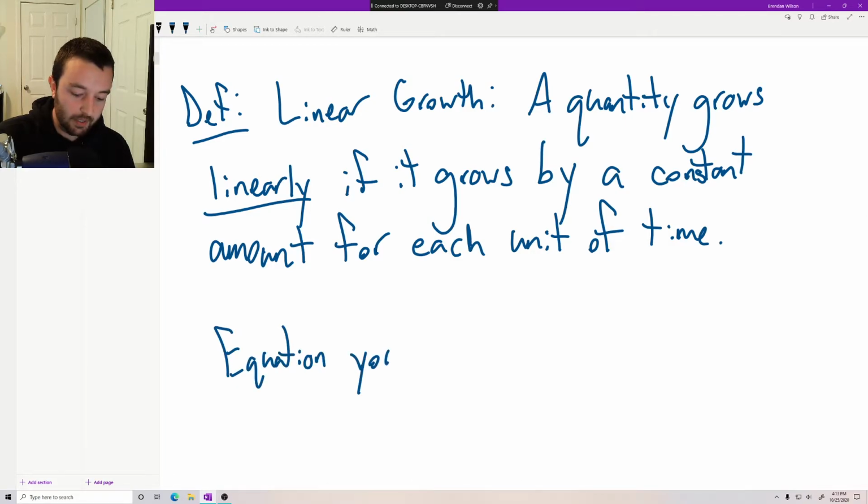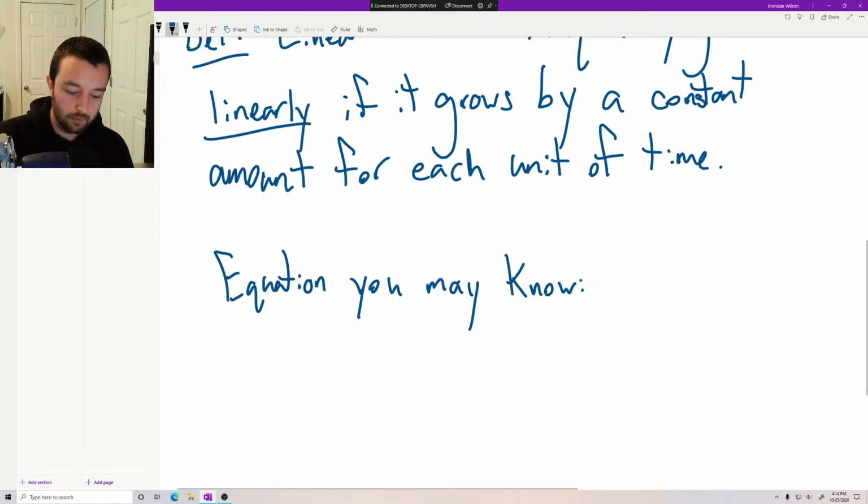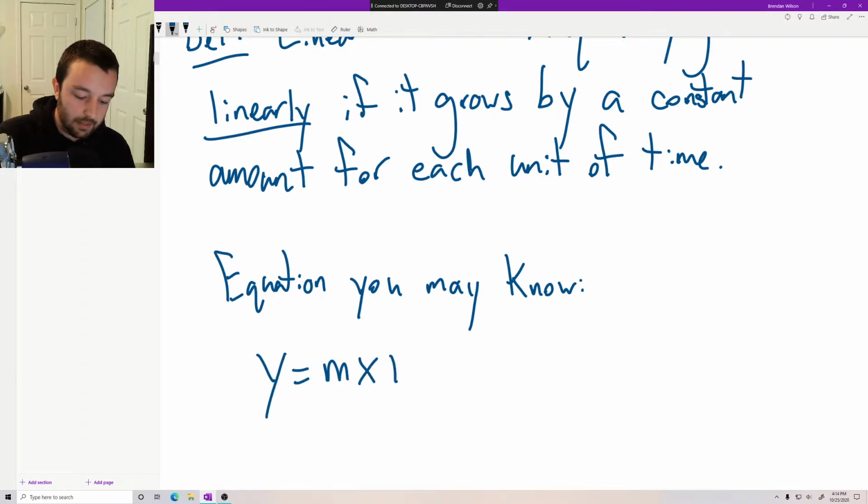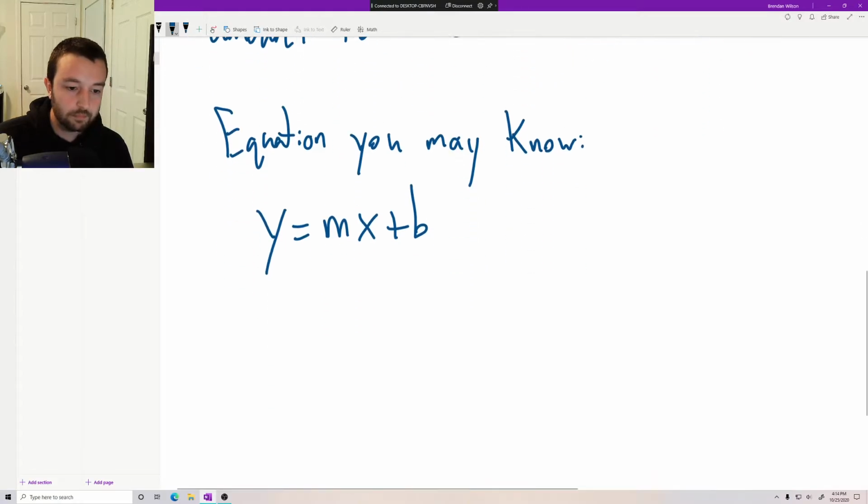So it's an equation you may know. If you don't, it's okay. We'll go over it. But I just want to relate it to something you might already know about. Y equals mx plus b.